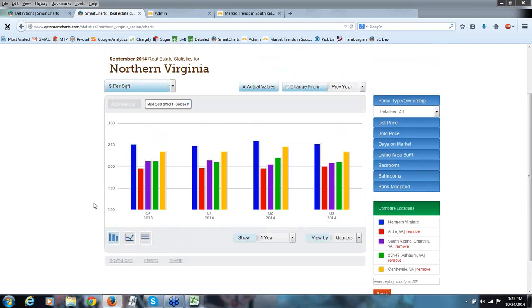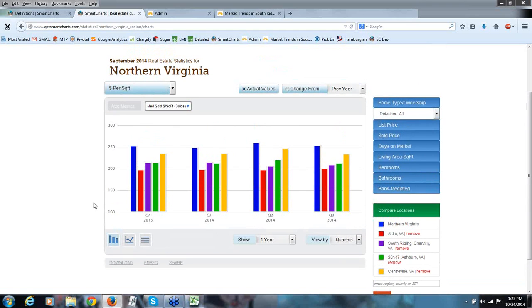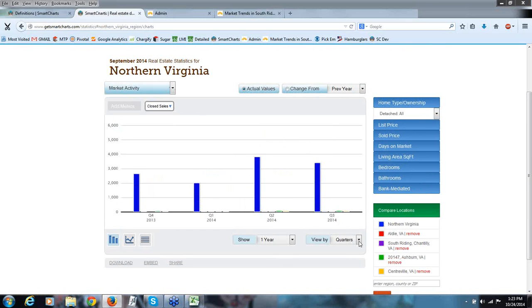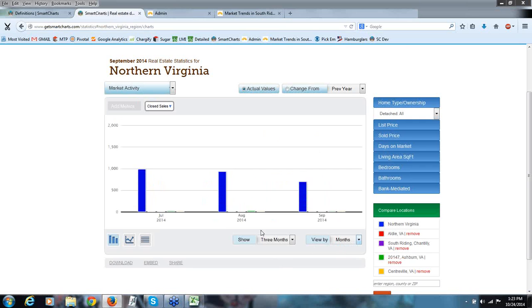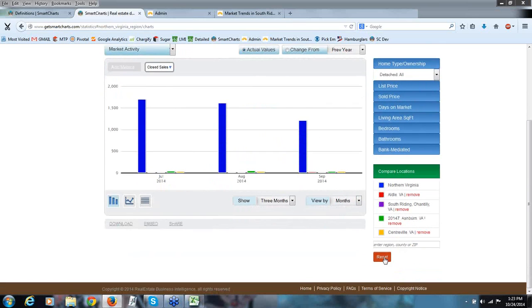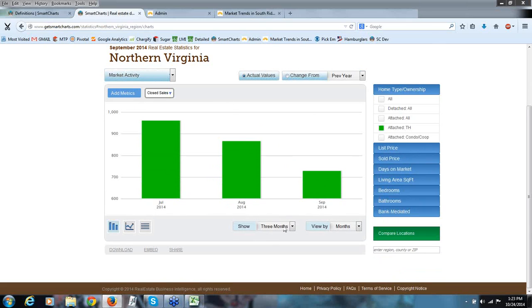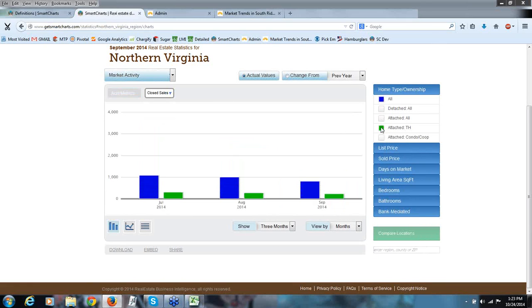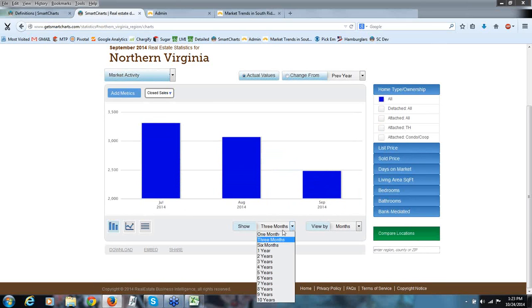It's especially important for you to impart that knowledge to your buyers and sellers. So we'll switch this back out to months, closed sales, and I'm going to get back to just Northern Virginia, reset, all home types, and we'll look at this.